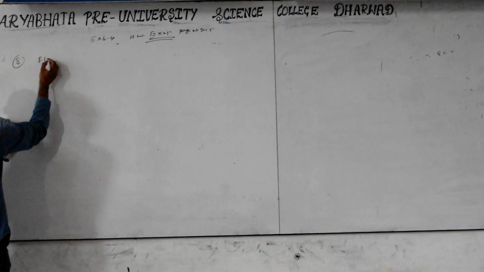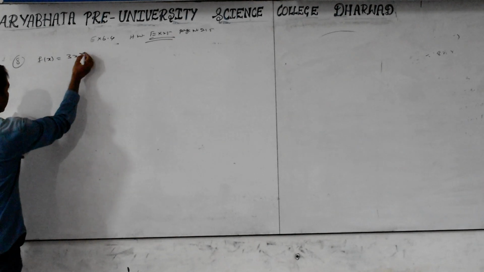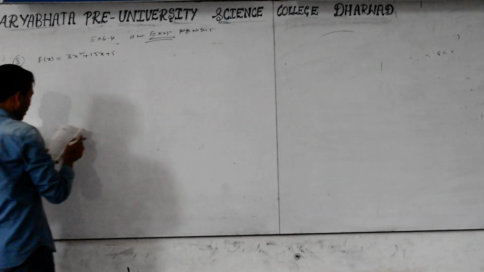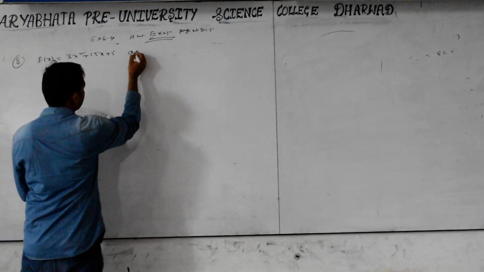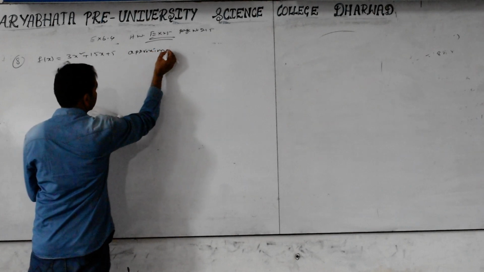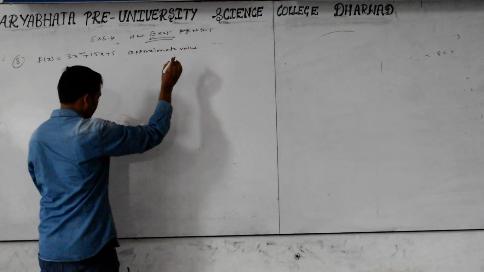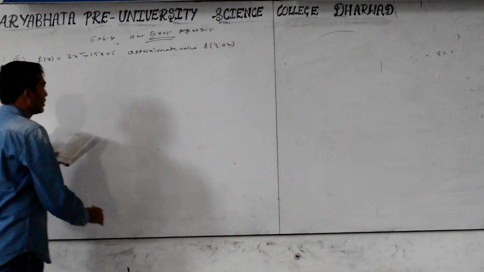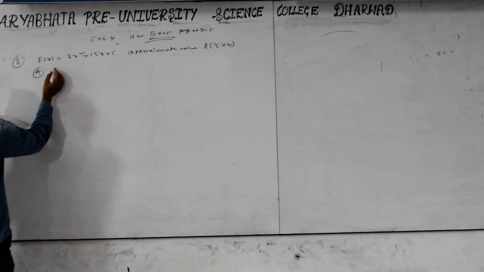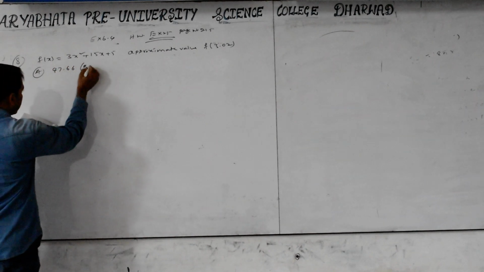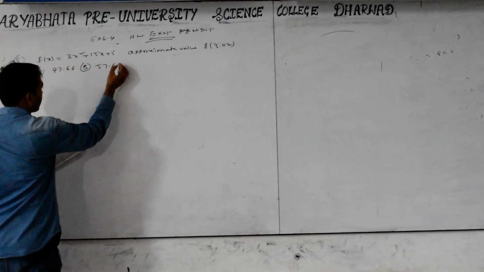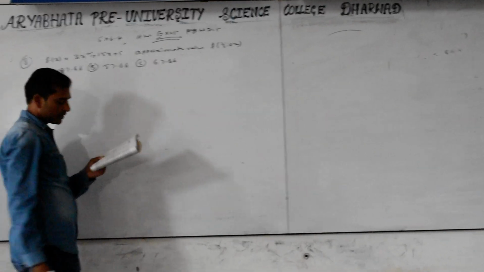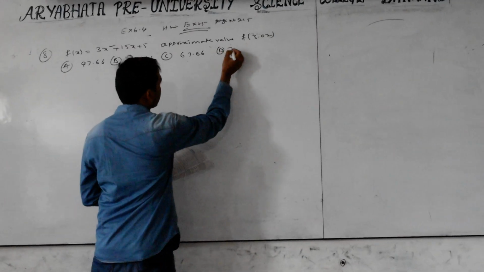If f of x equal to 3x square plus 15x plus 5, then the approximate value of f of 3.02 is: option A 47.66, option B 57.66, option C 67.66, option D 77.66.